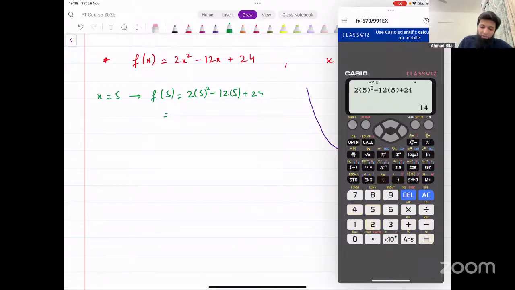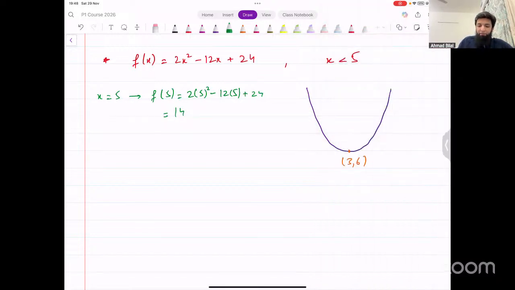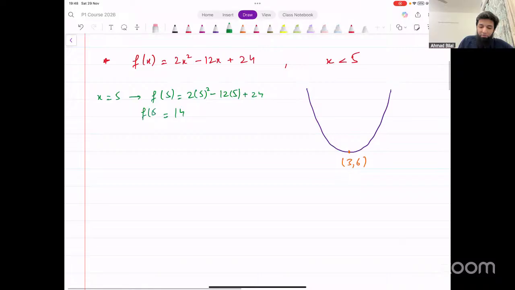And that's 14. So we have a point on the graph where x is equal to 5 and y is equal to 14.